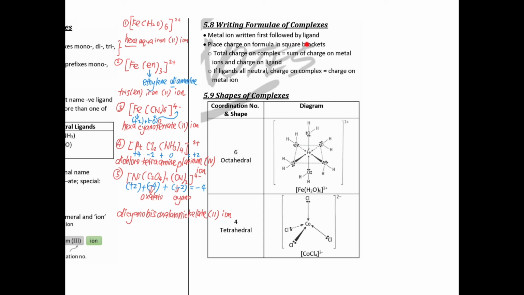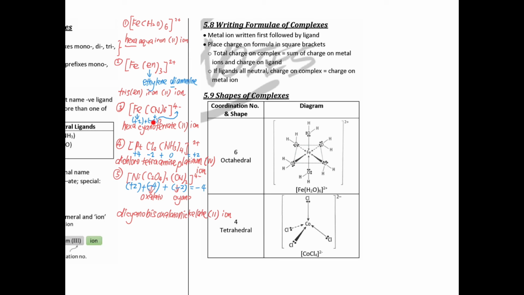If you see the square bracket, you see the example at the side here. You put the charge after the square bracket. Next point, the total charge on the complex is equal to the sum of the charge on the metal ion and the charge on the ligands. So you have to count, something like number 3 here.